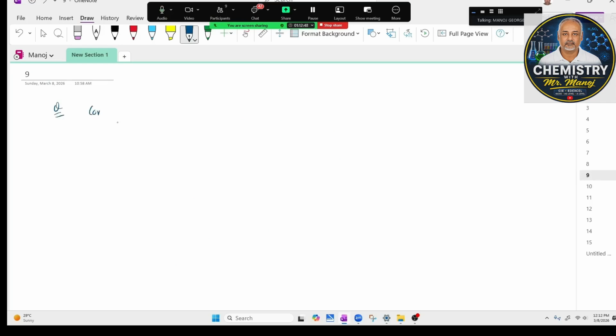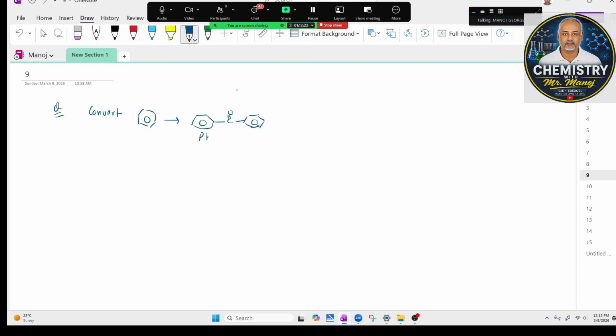I want to convert benzene into this compound. It doesn't matter how I draw this.